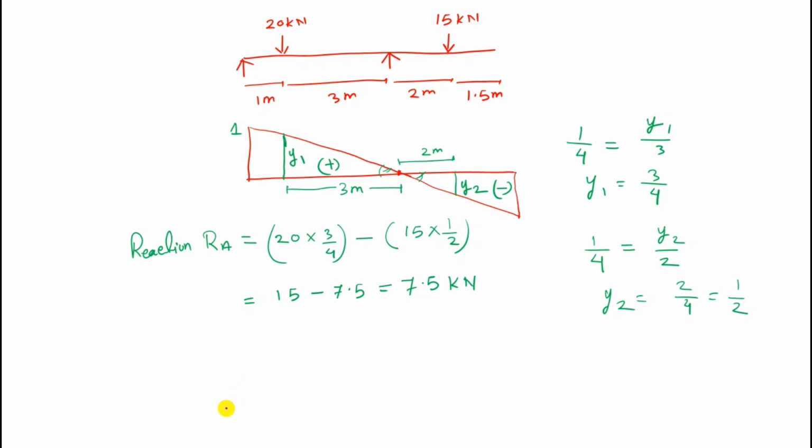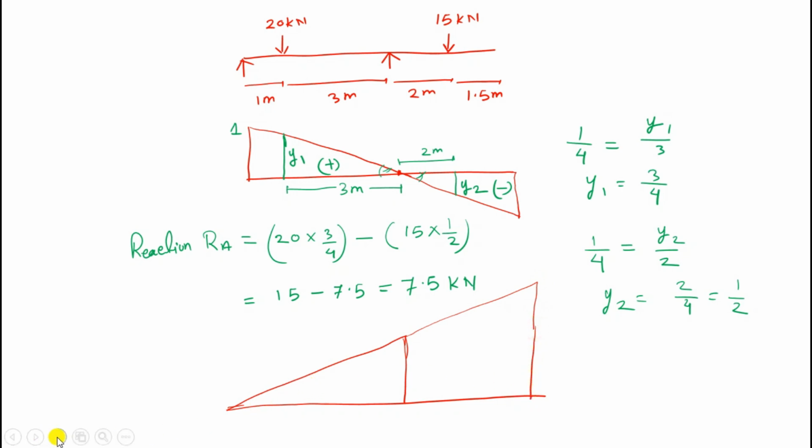This is the influence line diagram for the simply supported portion, and this extension will indicate the ILD for the overhanging portion. Now this height you have to calculate.